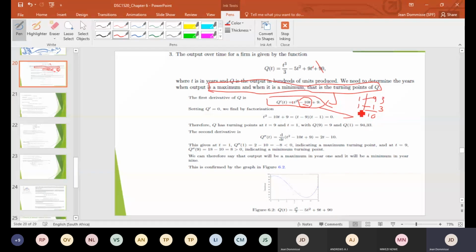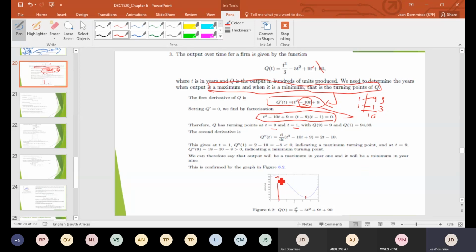So I would have gotten T minus 9 times T minus 1 as the place where my turning point is going to be. So in the small graph here at the bottom, T minus 9 is my first one, so T is actually 9. T minus 1 is my second one, T is actually 1. So here you can see there's T1, there's your turning point, T9, somewhere there, and that's your turning point.